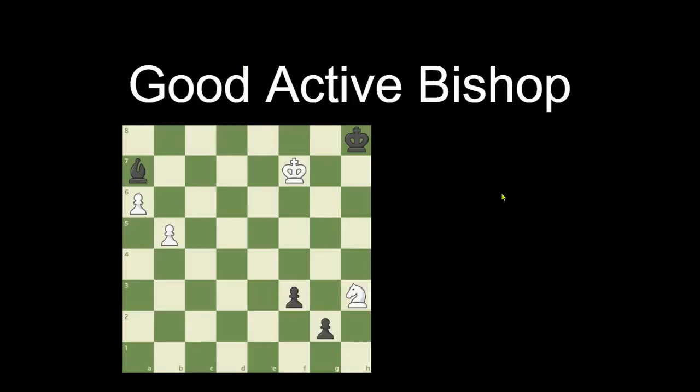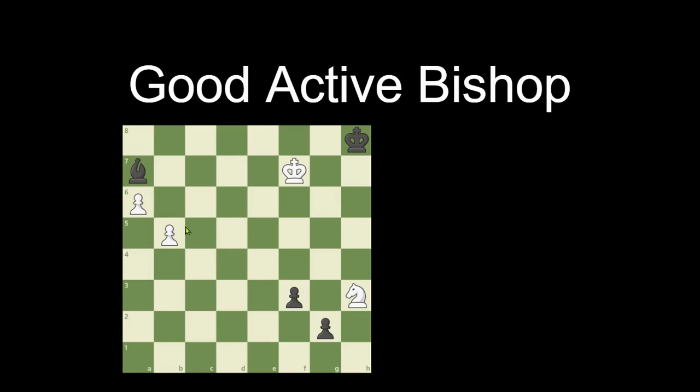Now we're going to talk about the first type of bishop, the good and active bishop. So we know that the bishop has a very long scope, which means that it can be on one side of the board and can do things on the other side of the board.